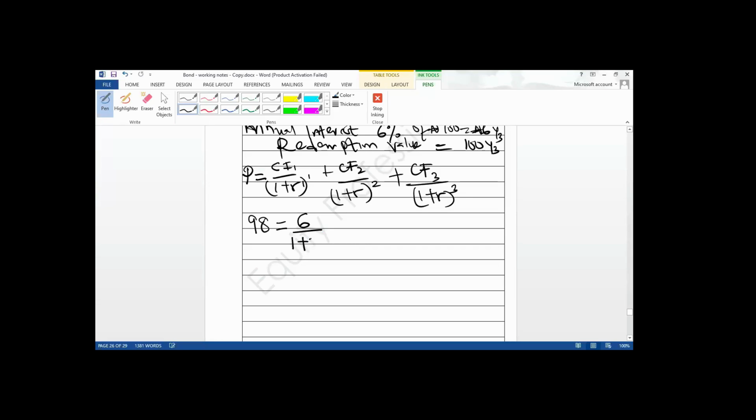R in year one is 0.0476 raised to power 1, plus cash flow in year two, annual interest 6, divided by 1 plus R in year two, 0.0622 raised to power 2, plus cash flow in year three, annual interest plus redemption, 106, over 1 plus R in year three raised to power 3. What is R in year three?